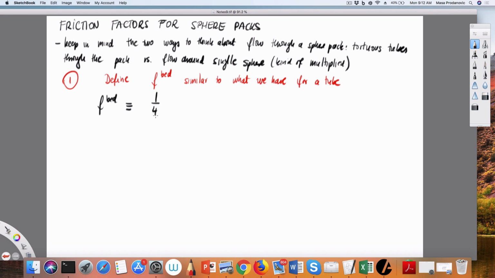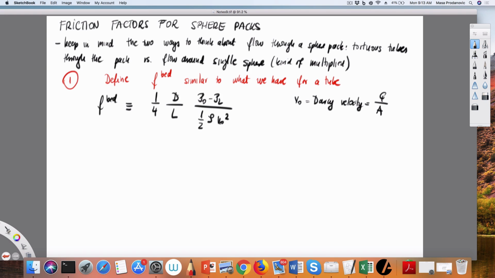So I'm just going to do a definition as 1 over 4. So if I had a tube, the definition of the Fanning friction factor was diameter over tube length, and then pressure difference, and then 1/2 rho, and then the average V_z squared, right? That was my definition. Now what I'm going to put here instead, because I have a sphere packing, I'm going to put V0, where V0 is my Darcy velocity. That's simply volumetric flux divided by area.